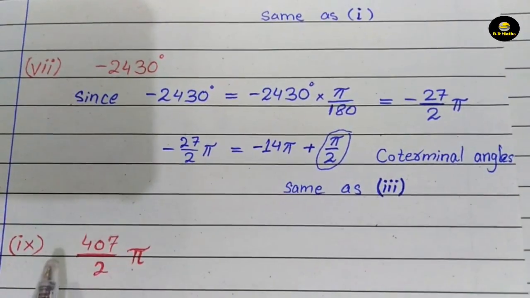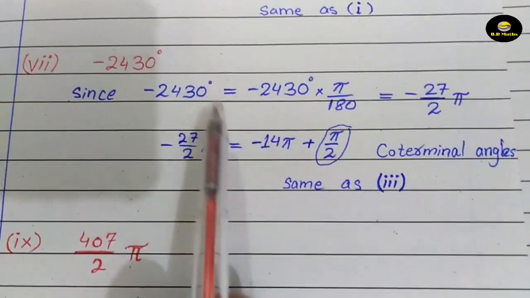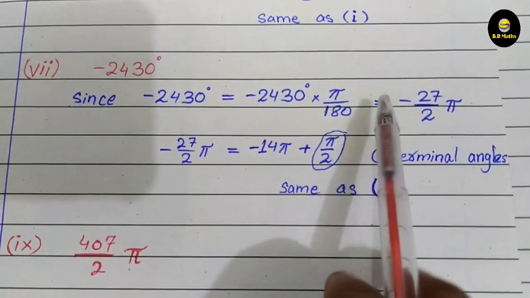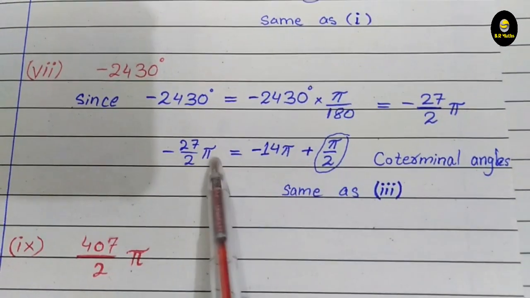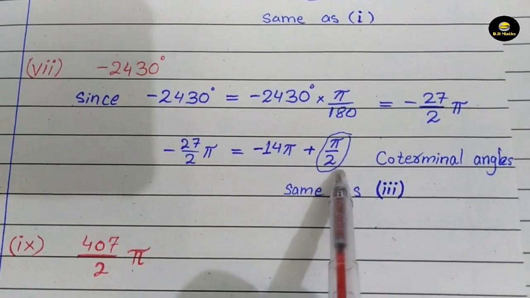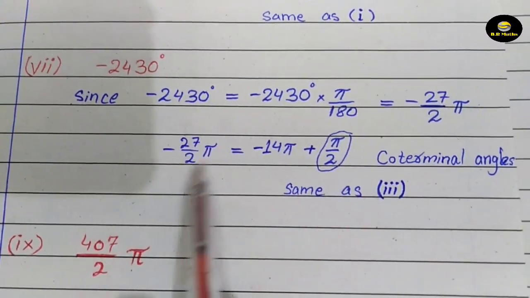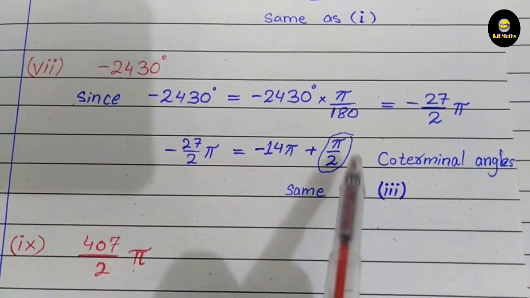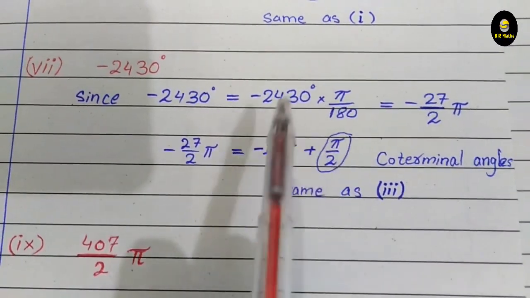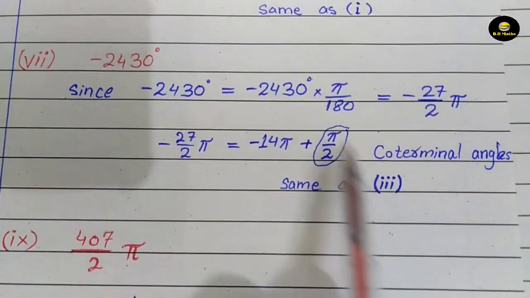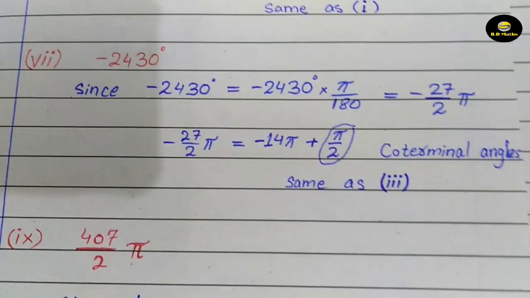As in exercise 9.1, in which we already discussed the conversion of degrees into radians. So minus 27 over 2 pi, convert to the coterminal angle, which is equal to pi by 2. Both are coterminal angles, and pi by 2 I discussed in part 3, so you can easily do it same as part 3.